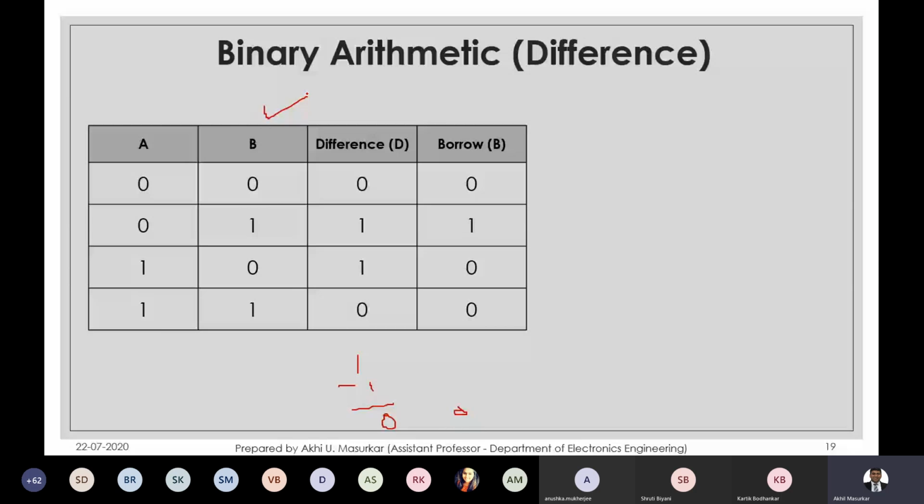Difference is different. Difference means absolute difference. That means here 0 minus 1 is 1. The difference is 1, and 1 minus 0, again the difference is 1.